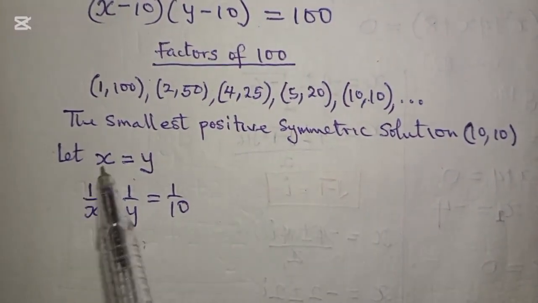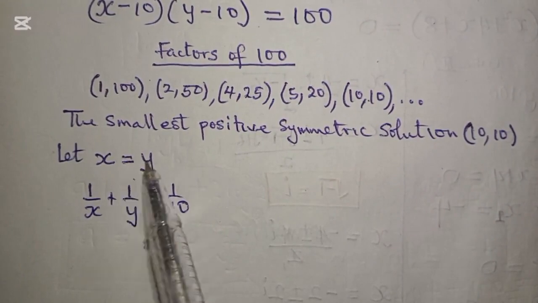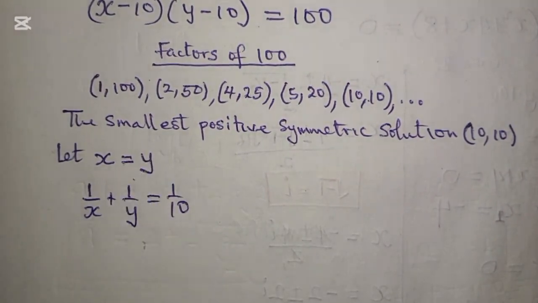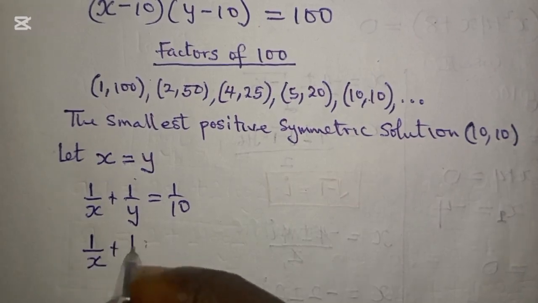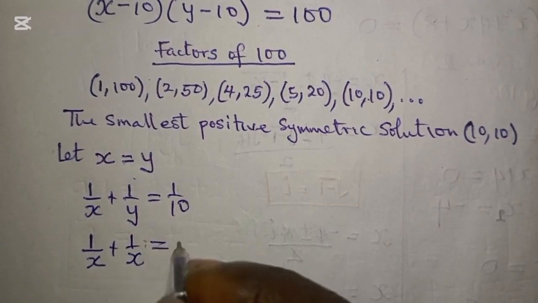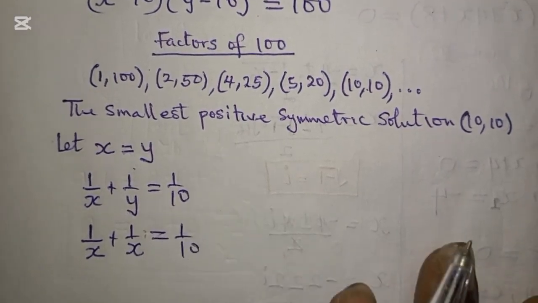Recall that we let x be equal to y, which means we can easily say this is 1 over x plus 1 over x equals 1 over 10.